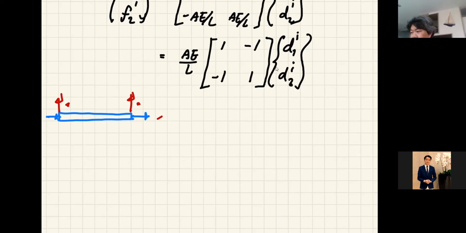So if I add this, and this blue one is F1, D1, F2, D2, and I add the third one, F3, D3, and F4, D4, the red ones should be 0. Do you agree with me?